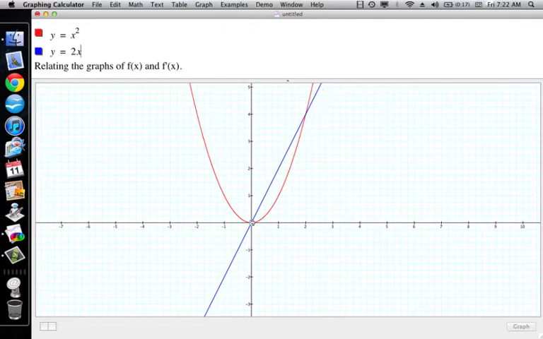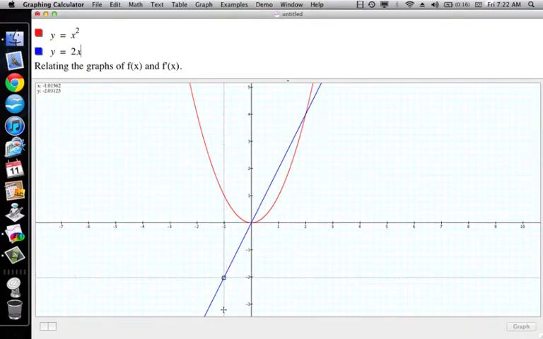And so the key thing that I want you to see here is that the blue, the derivative, gives the slope of the line. So the y value of the blue line gives you the slope of the red line.